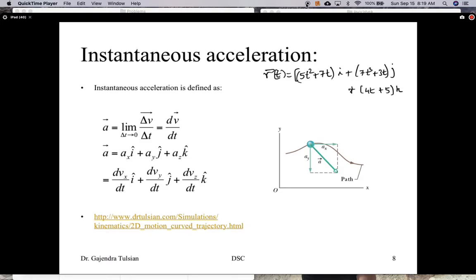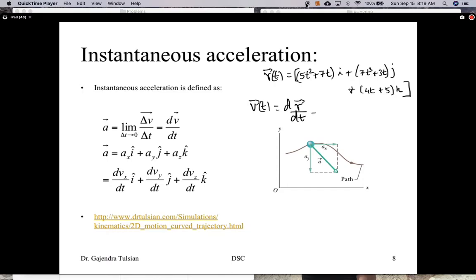Okay. So here I've described a motion to you. Here's a position as a function of time. And we will calculate the velocity of this object as a function of time. This is dr by dt.